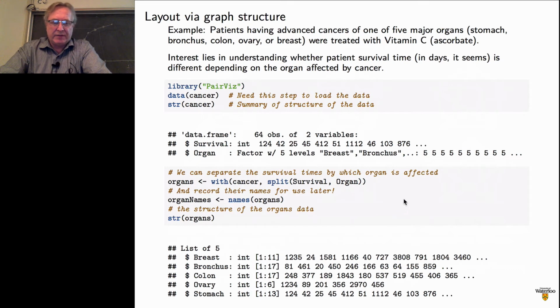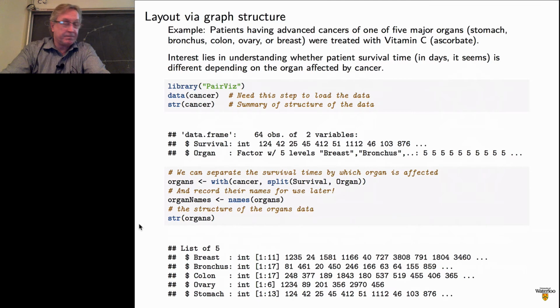So we're looking at survival times in days. So there's a data set called cancer. So I'm going to split out the organs. These are going to be my groups. It's just, again, with cancer splitting to the survival based on organ. So these organs now are going to have survival times for each of the 5 different locations for cancer.